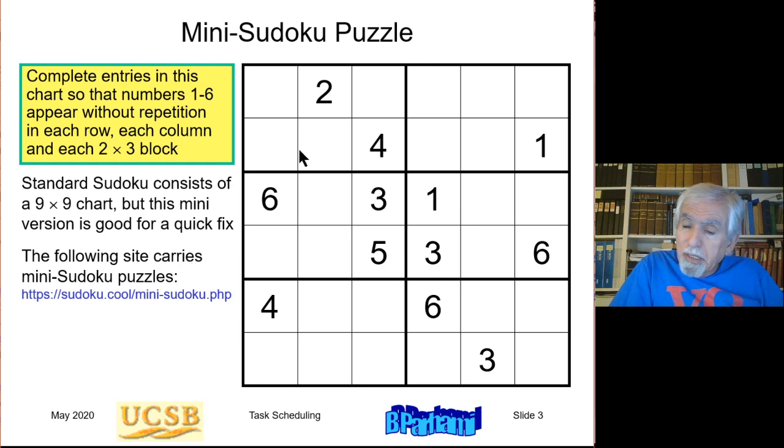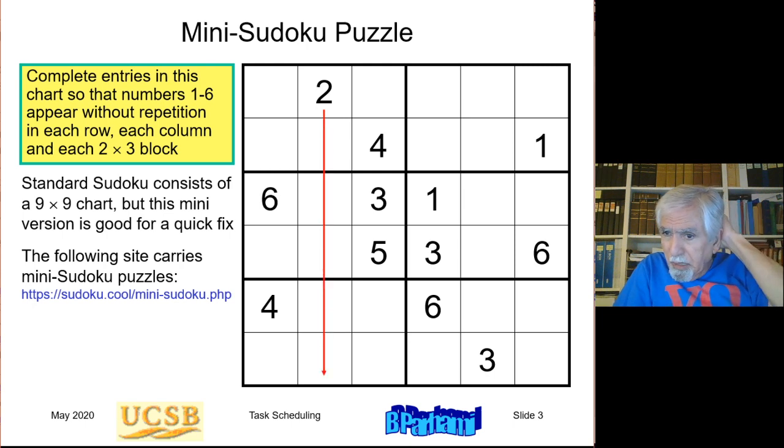And if you're interested in playing mini Sudoku puzzles, several magazines and newspapers carry them. And there's also this website where you can get many Sudoku puzzles to solve online. So in this puzzle, as you see, the number 2 appears in this cell at the top.